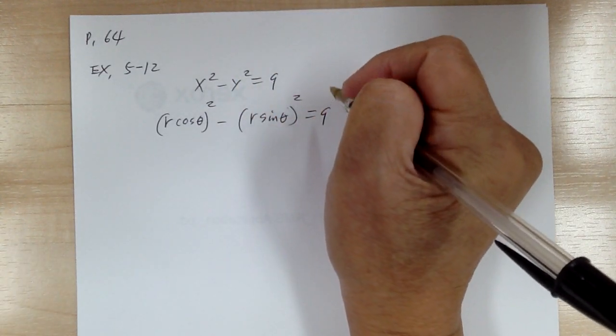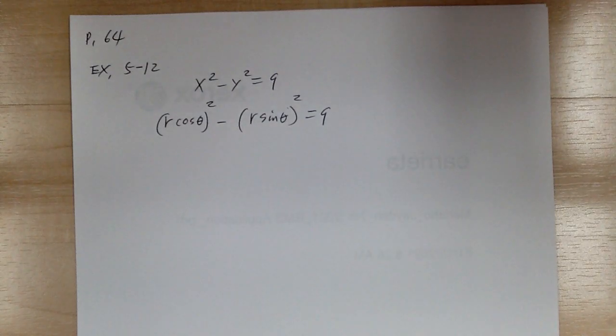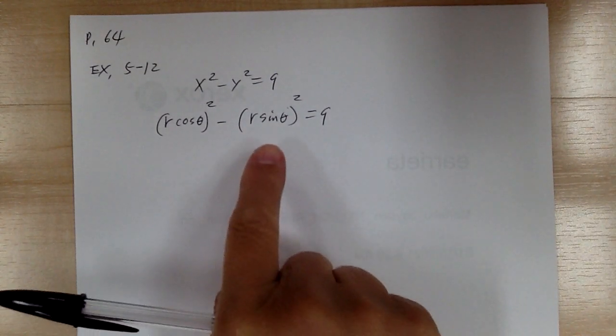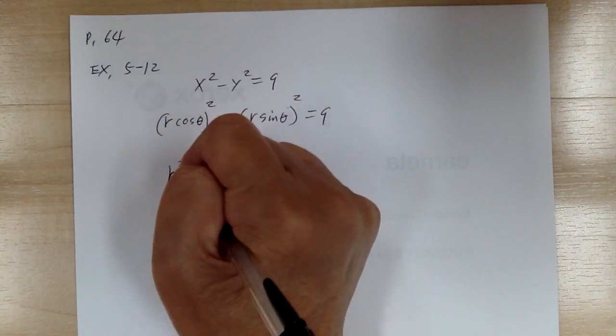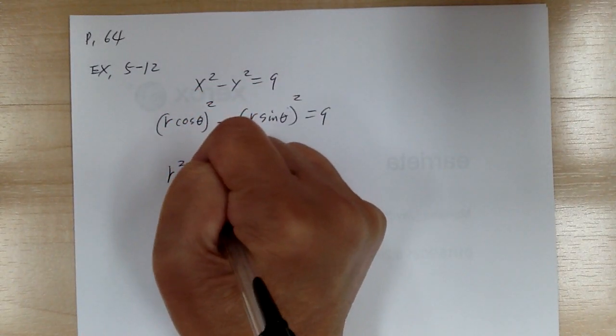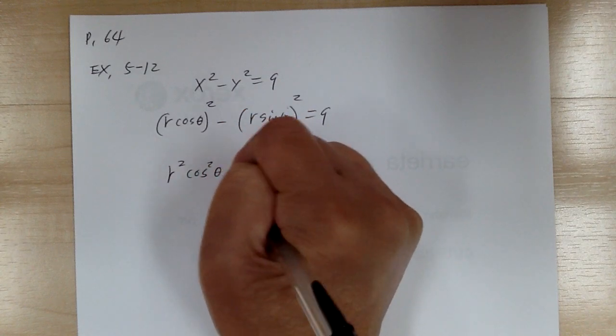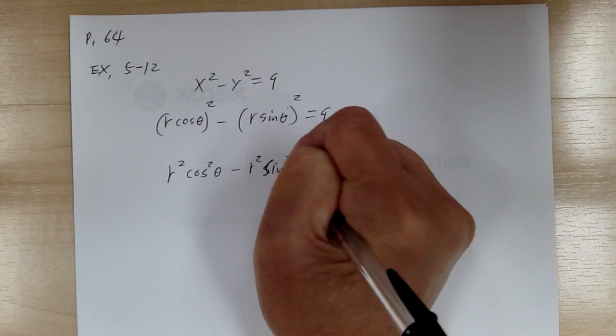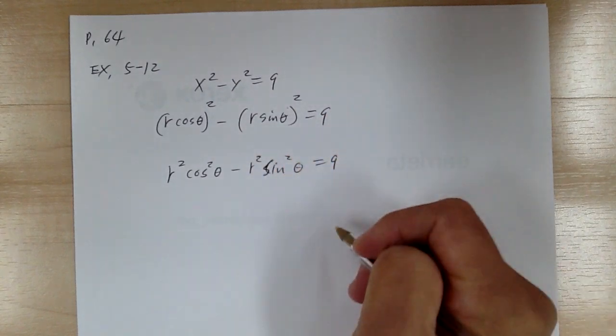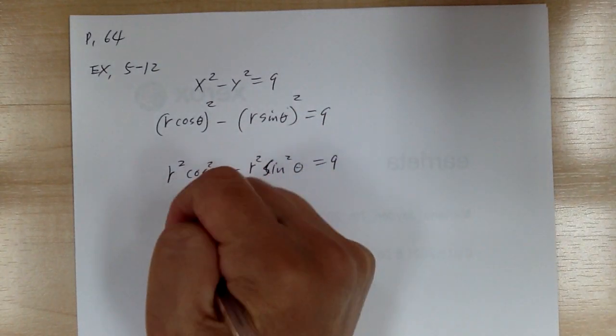From here you can multiply out. So you get r squared cosine squared theta minus r squared sine squared theta equals 9. Then you can factor out the r squared.